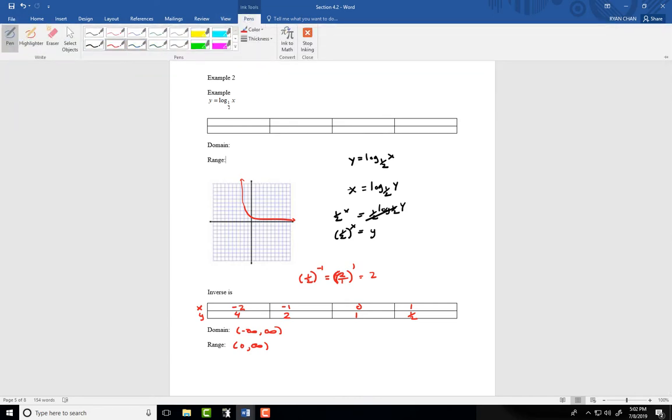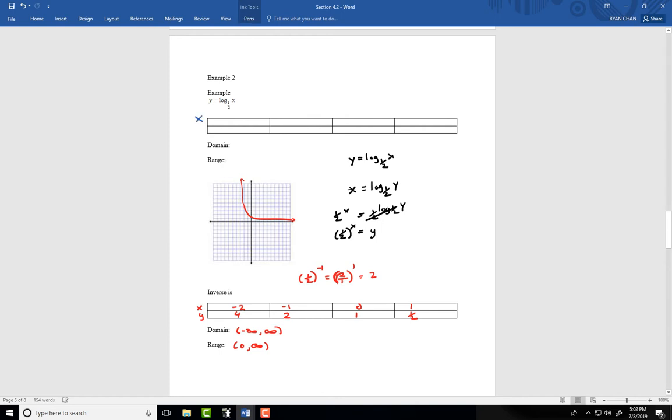I'm going to do this in blue, x and y. So this will become 4, 2, 1, 1/2 for x, and -2, -1, 0, 1 for y. Let me zoom in.